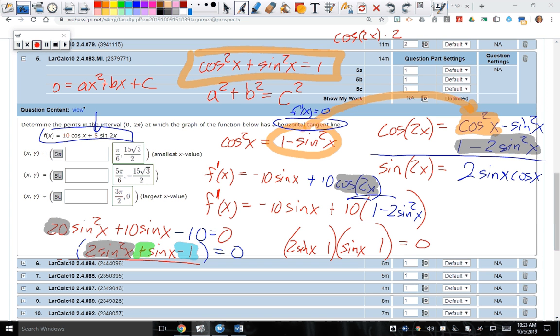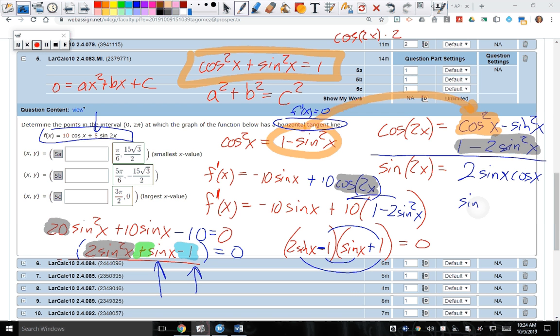So is it going to be 2 sine minus 1 or 2 sine plus 1? 2 sine minus 1. Good. It will be 2 sine minus 1, making the other one positive. So that this multiplication will satisfy the negative 1, and that a positive 2 negative 1 will satisfy a positive 1 addition. Okay?